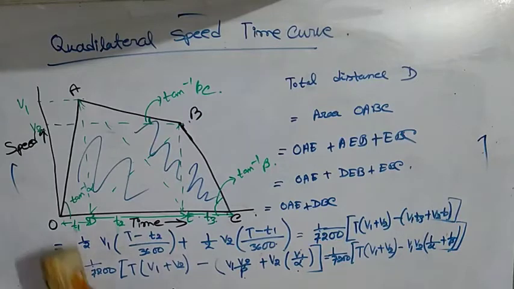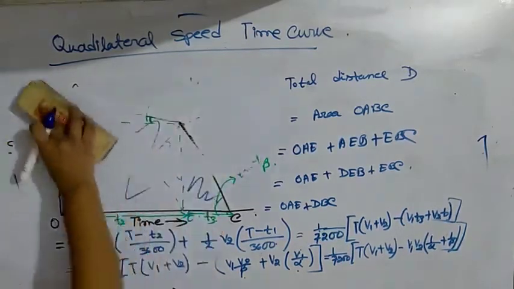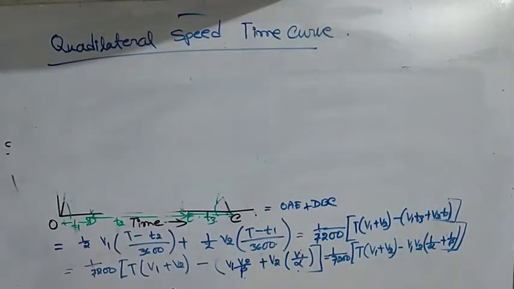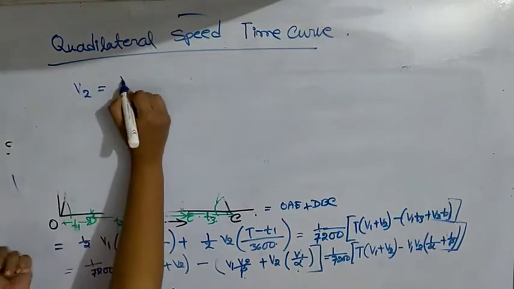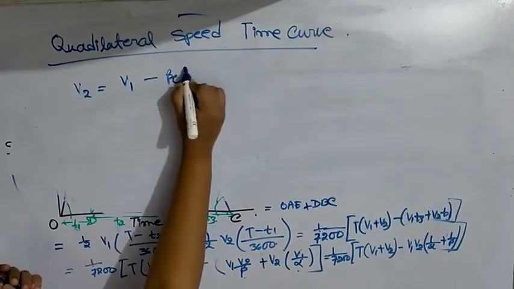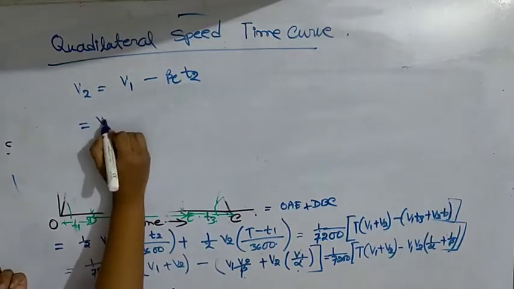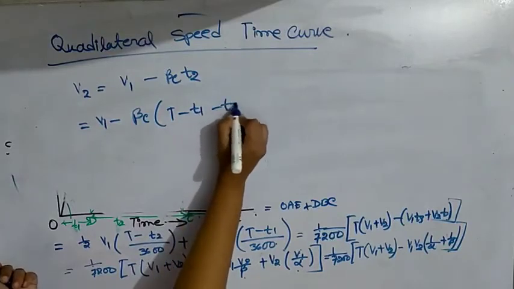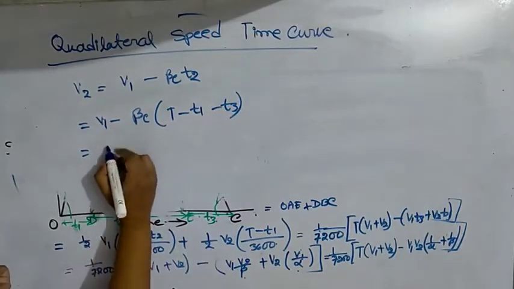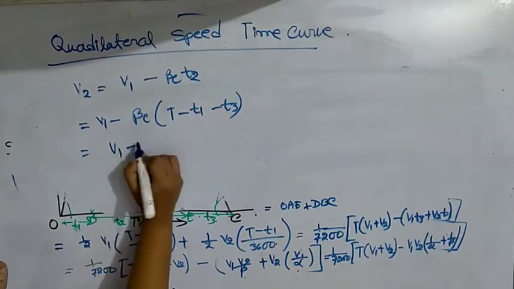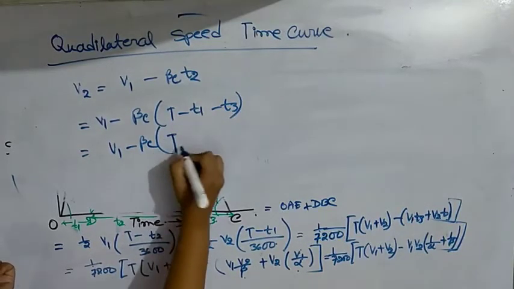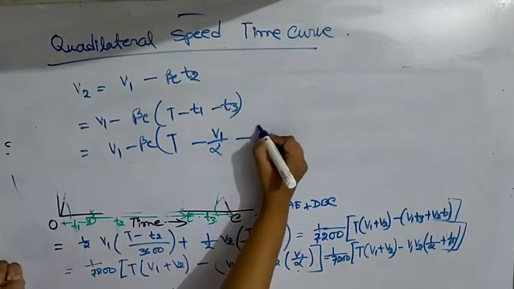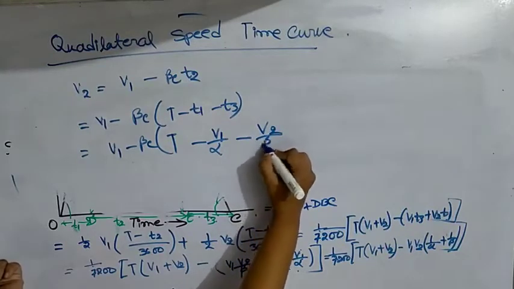Now V2 is equal to V1 minus beta C T2, that is V1 minus beta C (T minus T1 minus T3), and T1 is equal to V1 by alpha, and T3 is equal to V2 by beta.